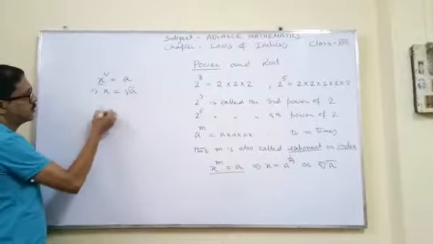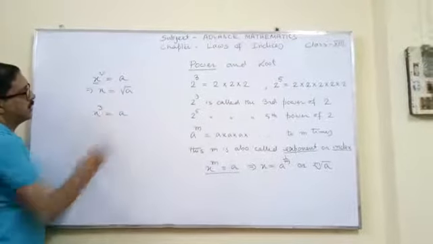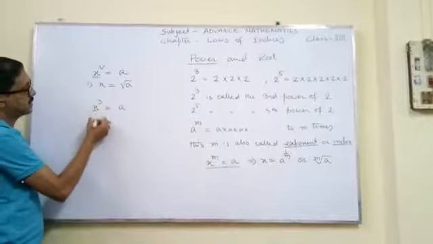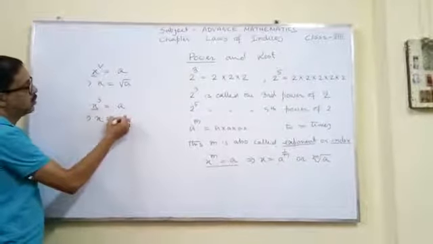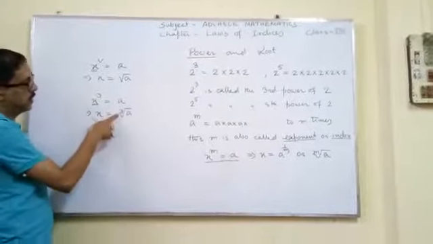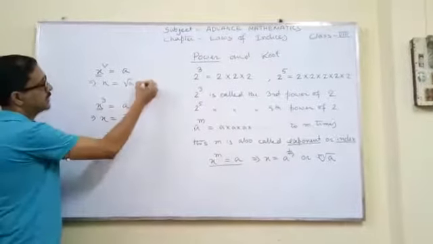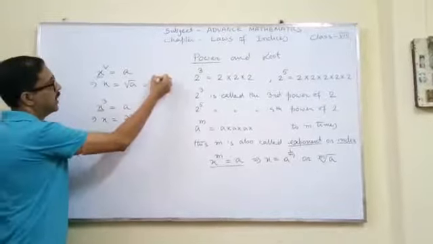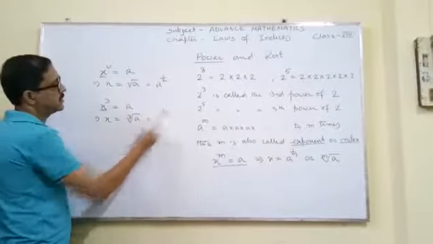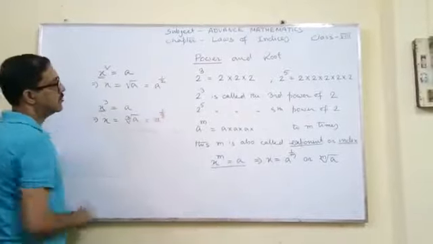Again, if we suppose x cube is equal to a, then we say this x is equal to the cube root of a. Here the square root of a is written as a to the power half, and the cube root of a is written as a to the power 1 by 3.